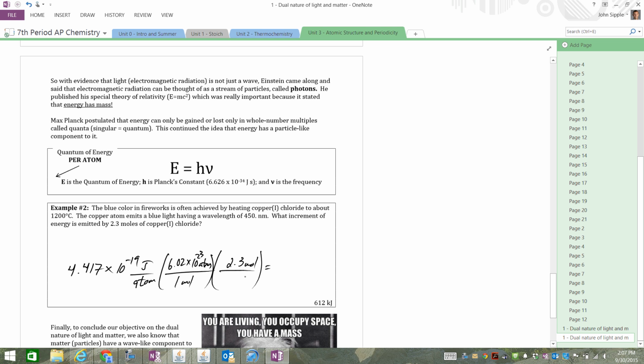So times Avogadro's number times 2.3, we get 61623, and that's joules, so let's convert that into kilojoules. There we go.